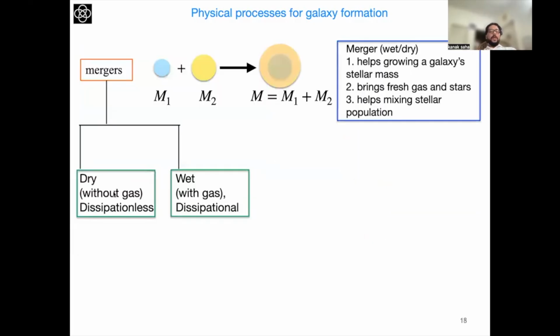A merger could be a dry merger or a wet merger. Dry merger means without gas, and wet merger means with gas. However, real galaxies always have gas, as we have just understood, so most of the time mergers are likely to be wet mergers.